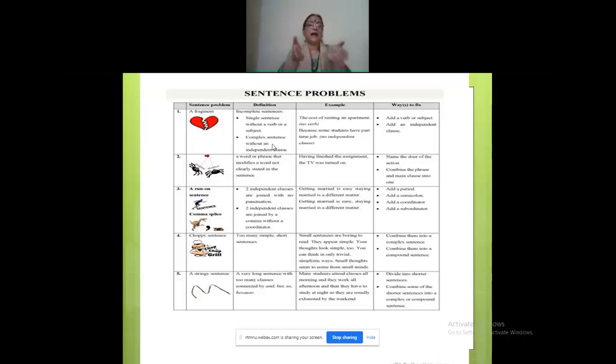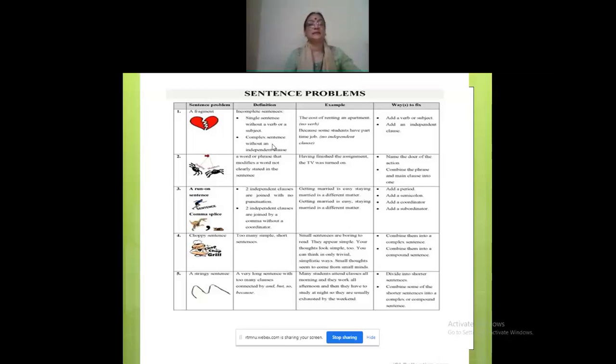So, you have written the word and phrase and you have expanded it also, but the placement of the modifier has gone wrong. Having finished the assignment, the TV was turned on. Having finished the assignment, the TV was turned on. Now it's a complete misplaced modifier.